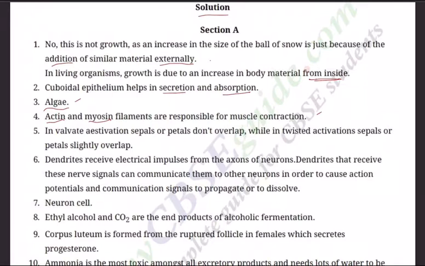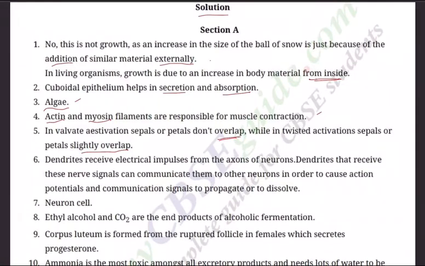Question 5. What is the difference between valvate and twisted aestivation? In valvate aestivation, sepals or petals don't overlap, while in twisted aestivation, sepals or petals slightly overlap. Question 6.